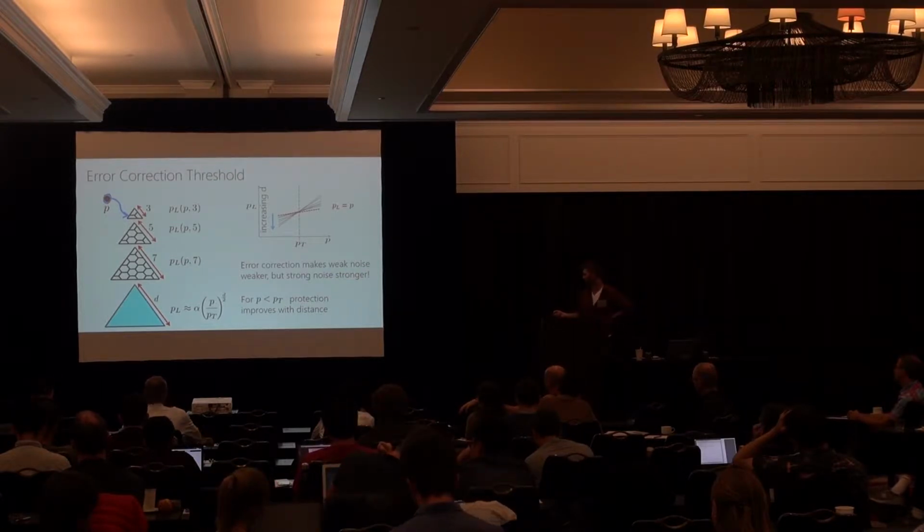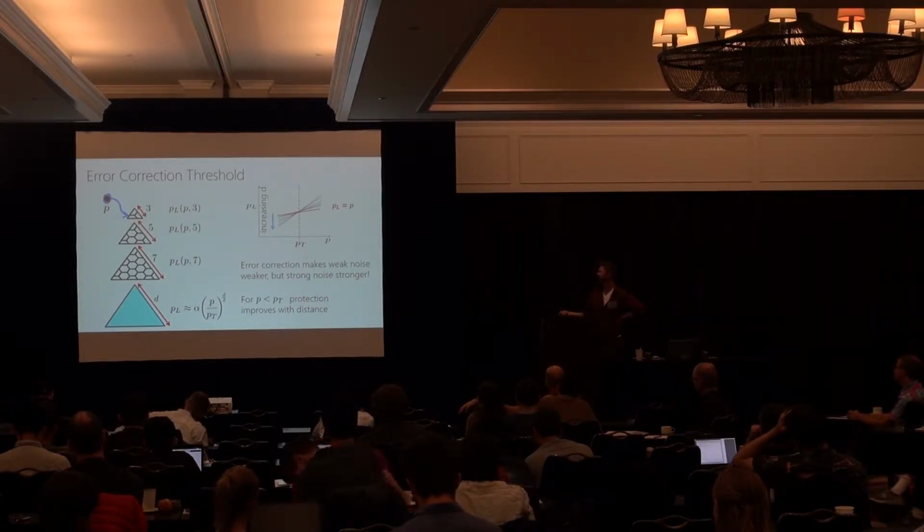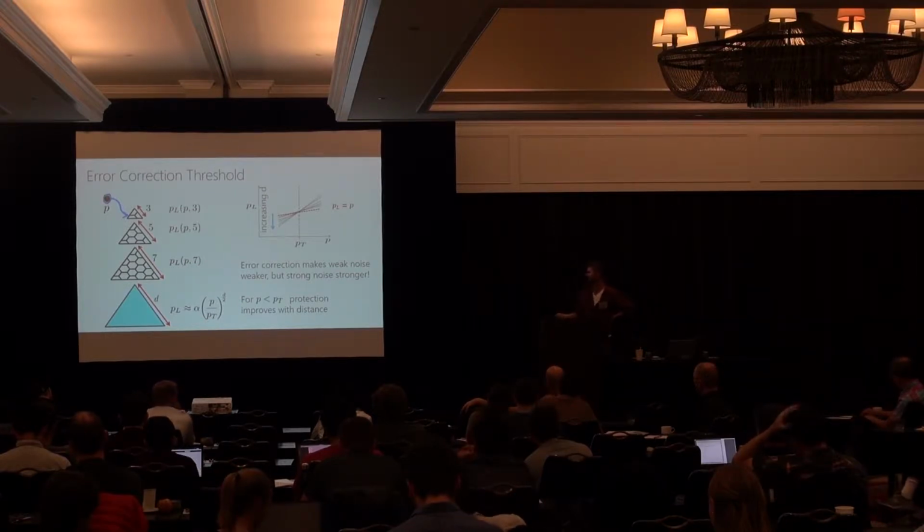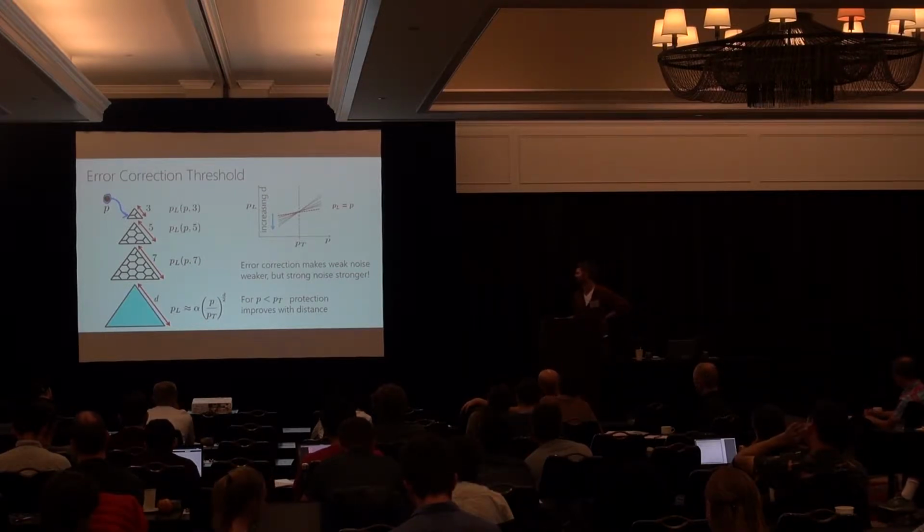It's often useful to think about some sort of near-threshold scaling of the logical error rate given the physical error rate and the threshold, in particular to give back-of-the-envelope calculations, which I'll do in this talk.